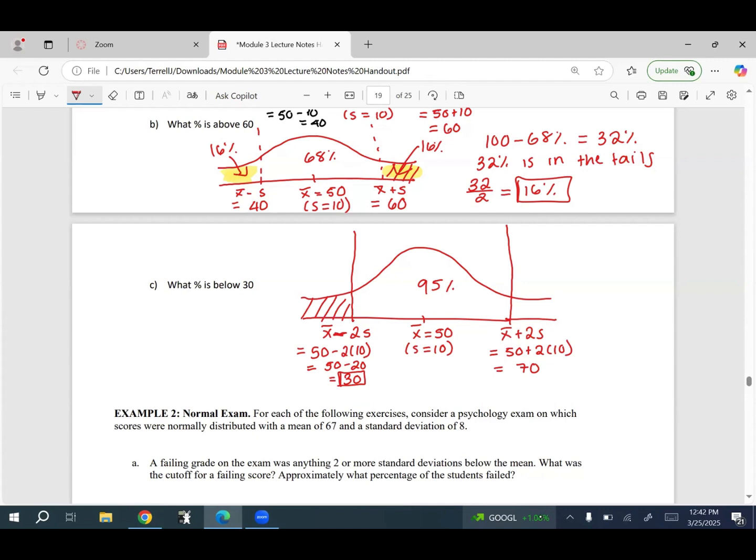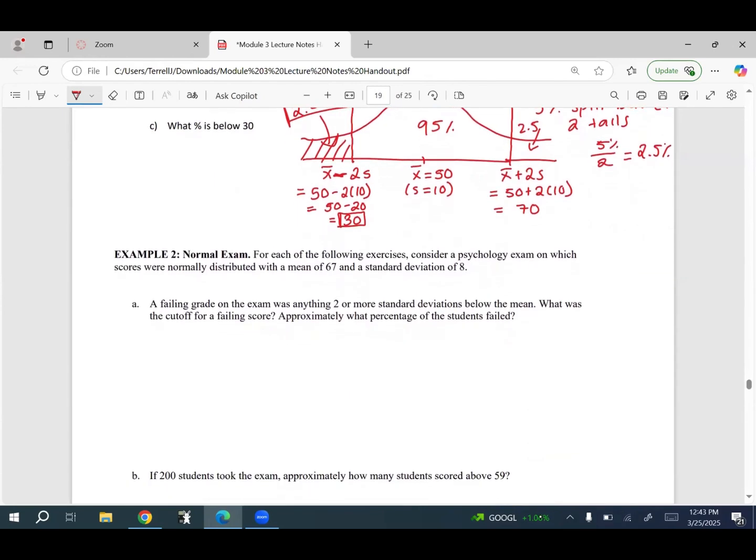So if I do 100 minus 95%, I have 5%, but that 5% must be split between the two tails. So 5% divided by 2 is 2.5%, meaning this is 2.5%, and so is this piece. And the whole total adds up to 100%.